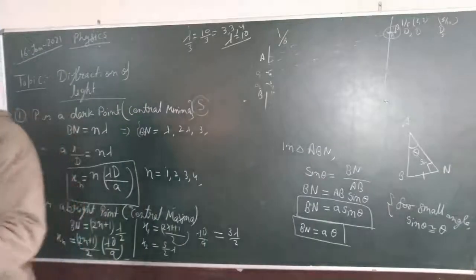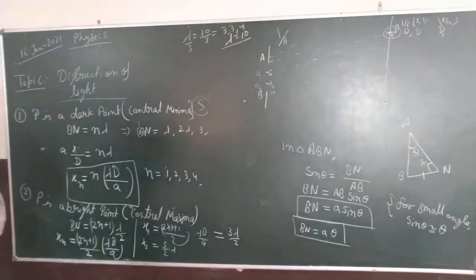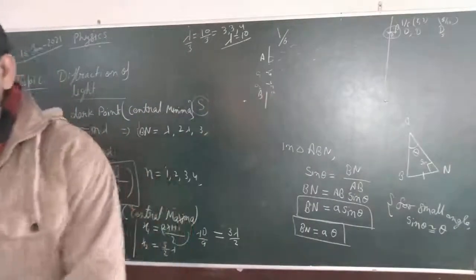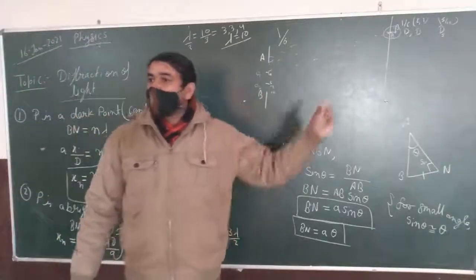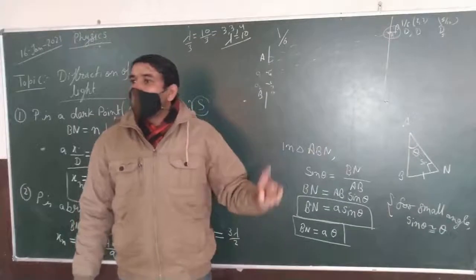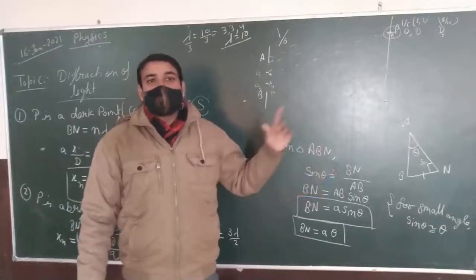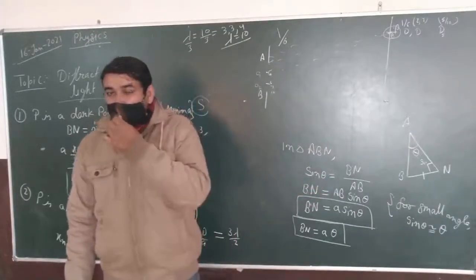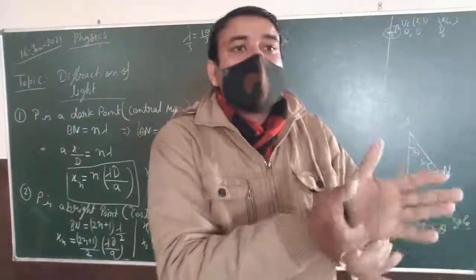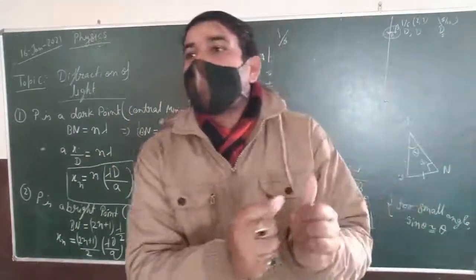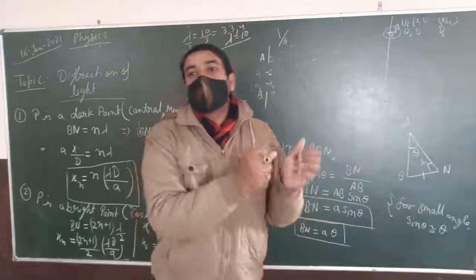And what is the intensity of that bright fringe? Is it the same as the interference pattern or different from the interference pattern? The answer is it will be bright, but less bright in comparison to the interference pattern.